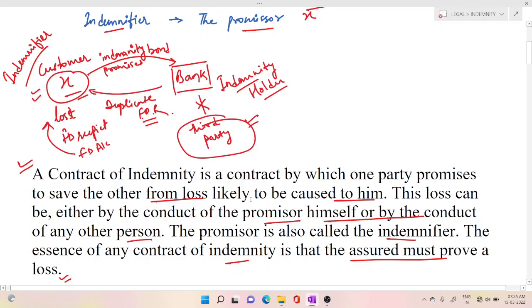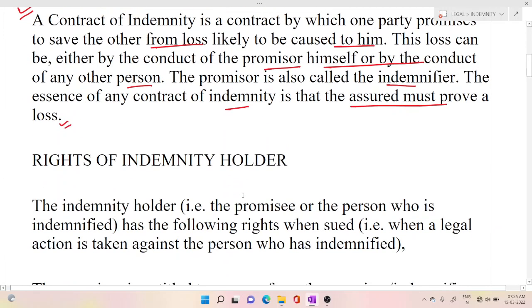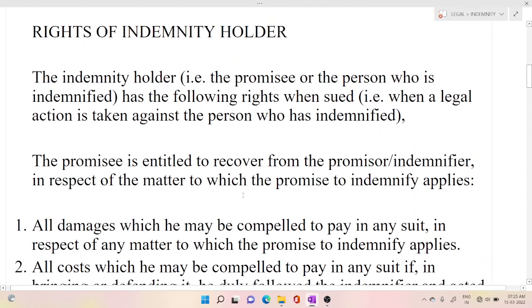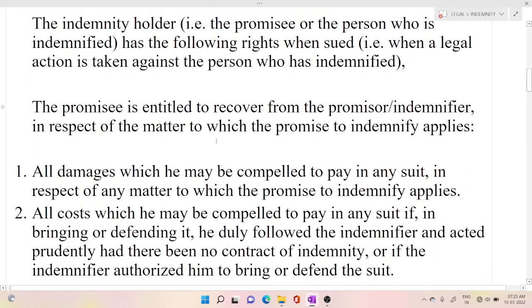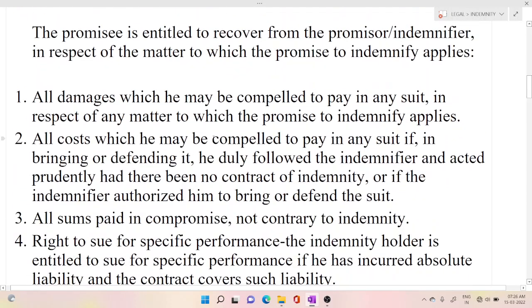Now let's move on to the next one: the rights of the indemnity holder. Indemnity holder means, in our example, the bank. Let's see the rights of the indemnity holder. Here you only have to remember 4 points.